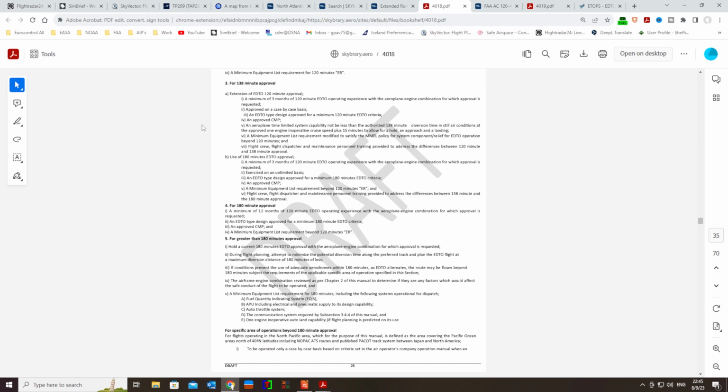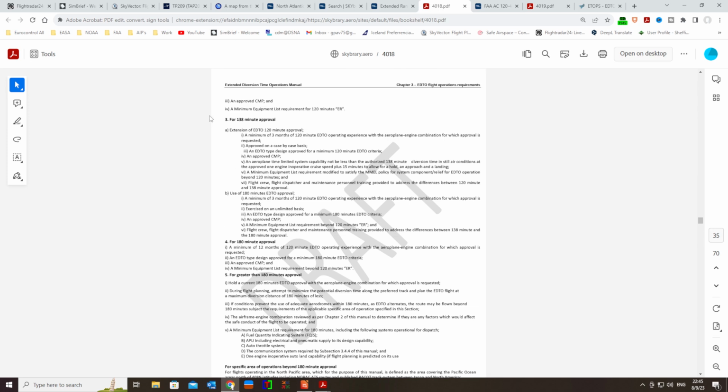So let's get started then. In order to get an aircraft on ETOPS 120, and for today's example, I'm gonna use an A321neo, which is capable of 120, and maybe the XLR is gonna be capable of 180.